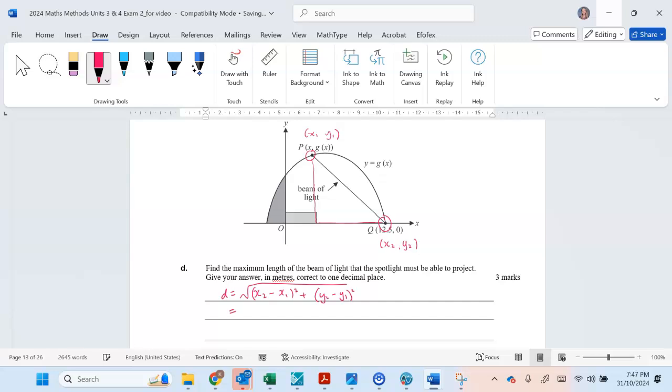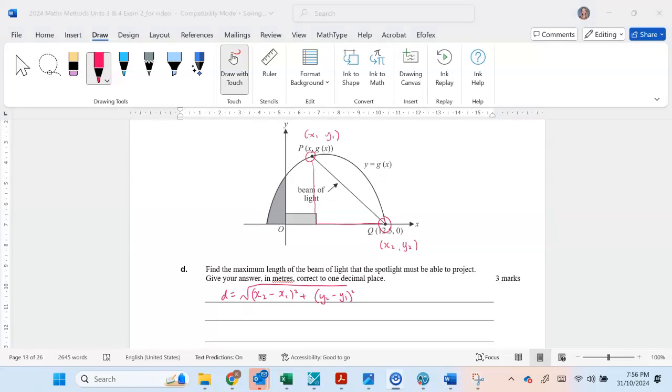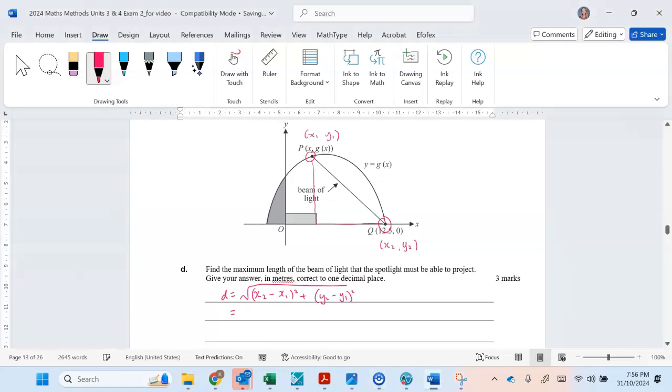The distance formula should be in your bound book. I did have to delete a huge part because I substituted incorrectly. The labeling is very important. I did get my coordinates around the wrong way. So x2 is 12.5 minus x1, which is x. y2 is 0 and y1 is g of x, and you don't have to write the whole thing out.